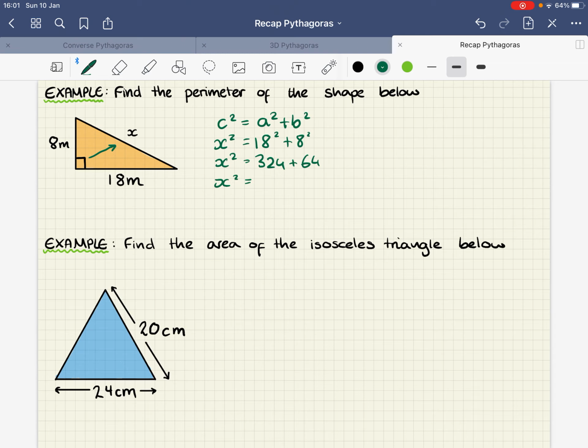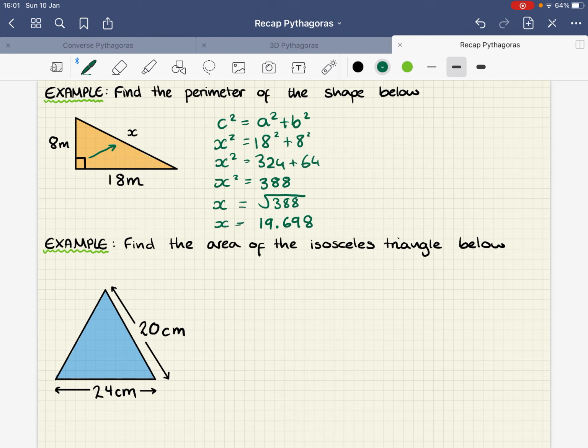So x squared is going to equal 388. So that means then x is going to be the square root of 388. And so to 3 decimal places, that's going to be 19.698.